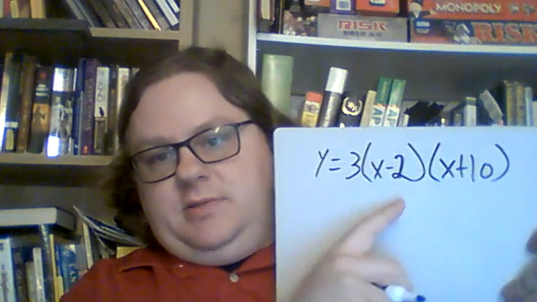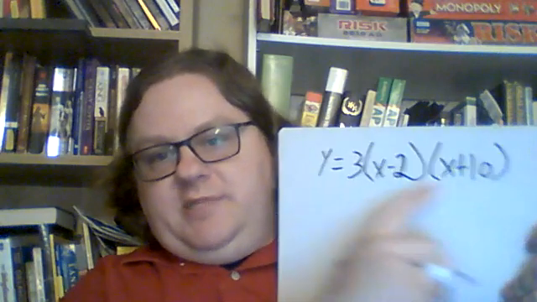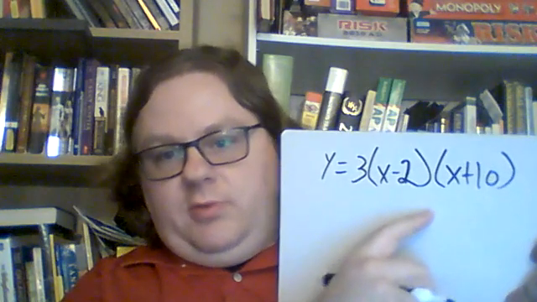Determine the y-intercept of y equals 3 times (x minus 2) times (x plus 10). Okay, so 3 times these two things. You recognize this form. This is the binomial form.